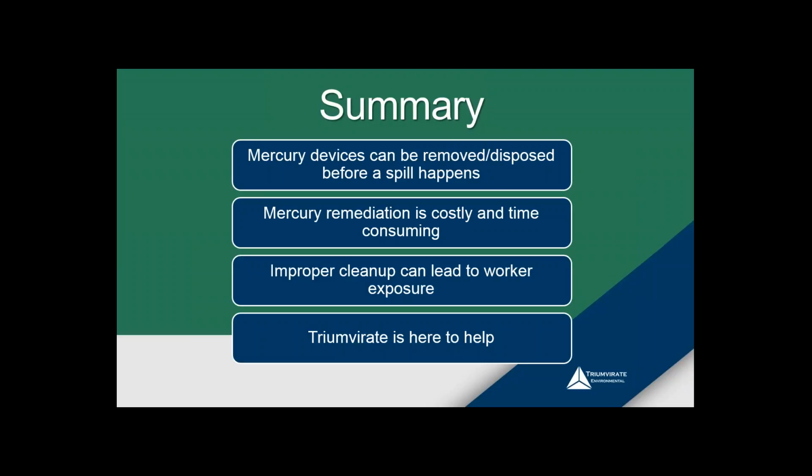Devices containing mercury are most likely able to be disposed of as universal waste, and it's better to get rid of them if they're not being used before a spill happens, because mercury remediation is costly and time-consuming, and if something is spilled, improper cleanup can lead to worker exposure and further contamination of the environment.